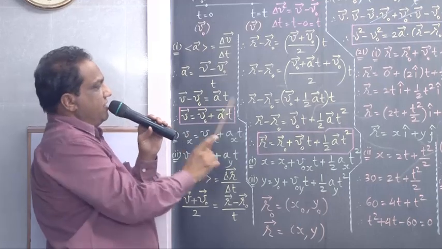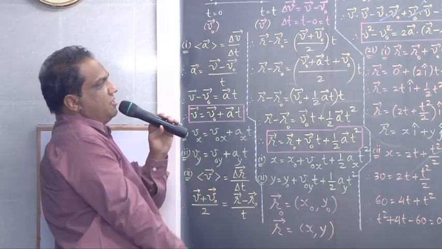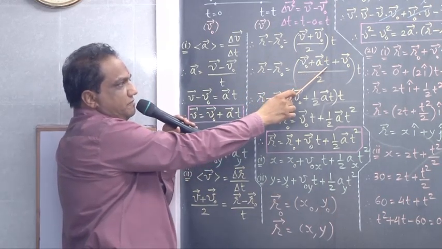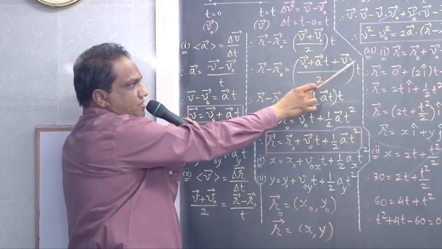Put in the value of vector v. What is the value of vector v? Vector v0 plus vector a into t. The rest of the part stays as it is, t also as it is.